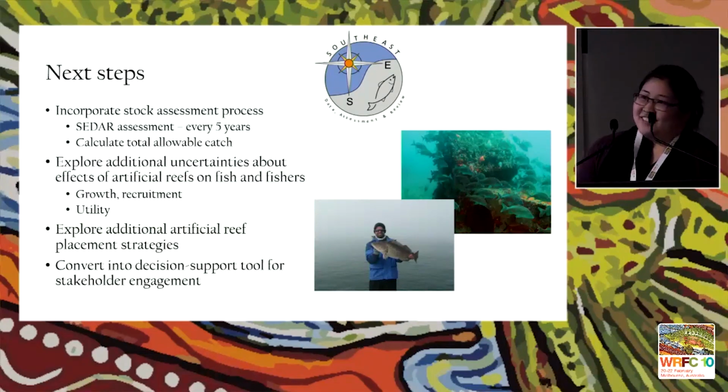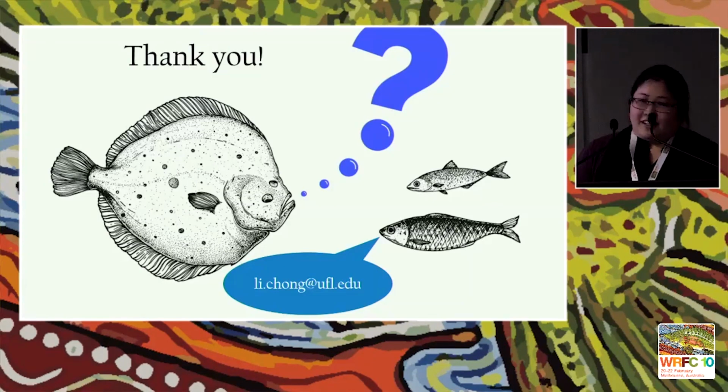But let's be real, I'm not an artificial reef manager, and anyone I'm working with aren't experts in artificial reefs. We are experts in fisheries, but being able to incorporate the two together would be great. I'll answer questions at the Q&A, and that's my email if you have any additional questions.